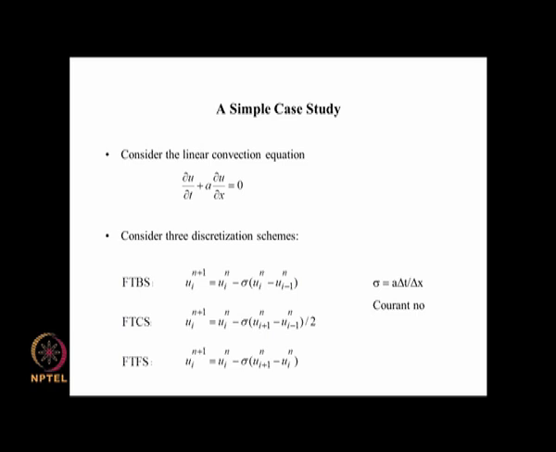So we look at concepts like consistency, stability, convergence, boundedness, all these concepts that have been brought into play in order to come out with a discretization scheme which we can confidently say will give us an okay type of solution. If not the exact solution, at least we should be getting an approximate solution which would have some features of the real solution. Okay. So that is what we are going to do in the second part of this third module.